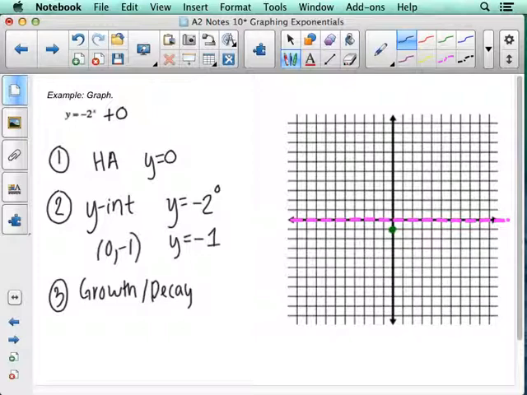This is going to be growth because this 2 is bigger than 1. I'm just talking about the 2, not the negative. What this negative does is it reflects it across the x-axis.